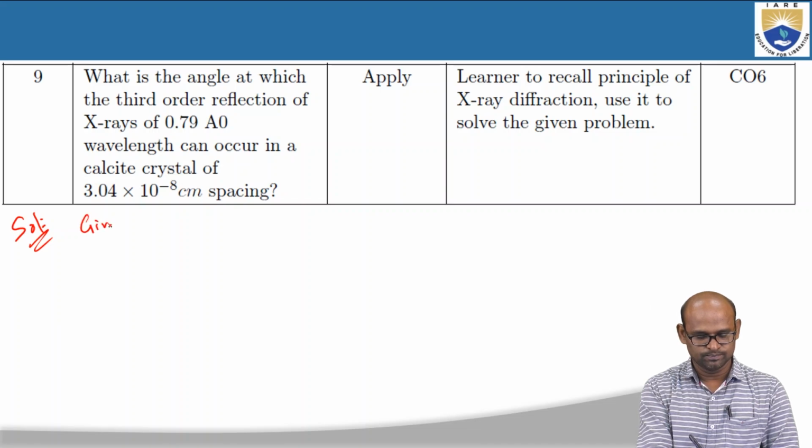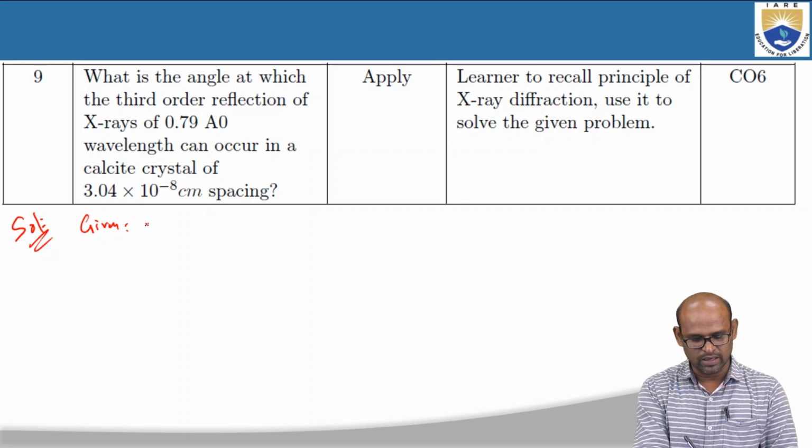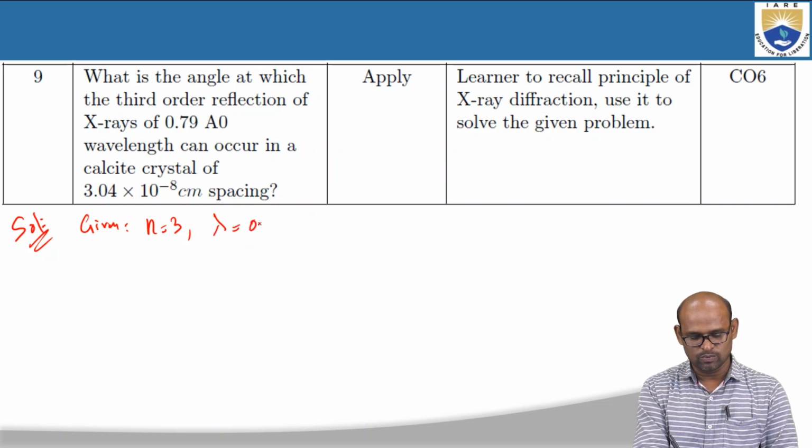So they have given us n is equal to third order, and wavelength lambda is 0.79 angstrom. So that is 0.79 into 10 power minus 10 meters.